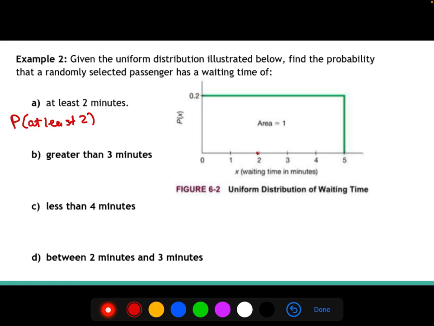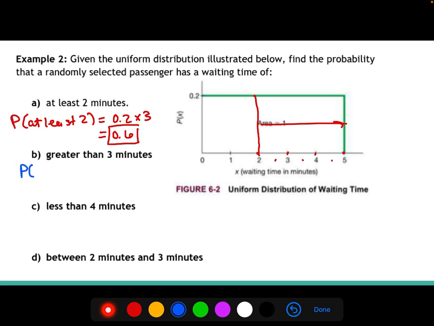So 2 minutes is here, and then there's 3, 4, 5. At least 2 would be here and above. That's 3 rectangles. So 0.2 is their height times 3 wide is a probability of 0.6. So there's a 60% probability that you're going to be waiting at least 2 minutes.